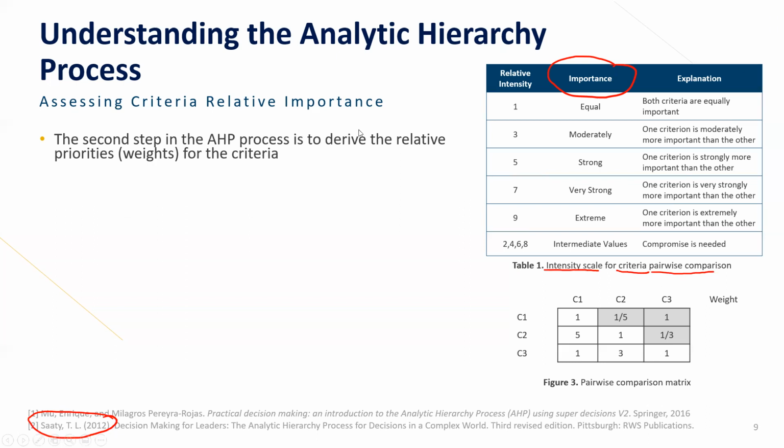The importance is symbolized with the numbers 1 to 9, in which 1 means equally important, 3 means moderately important, 5 strongly important, 7 very strong, and 9 is extremely important. But a number between these is also available, which basically means an intermediate value. Between equal and moderate will be 2 or 2 something. That's also fine.